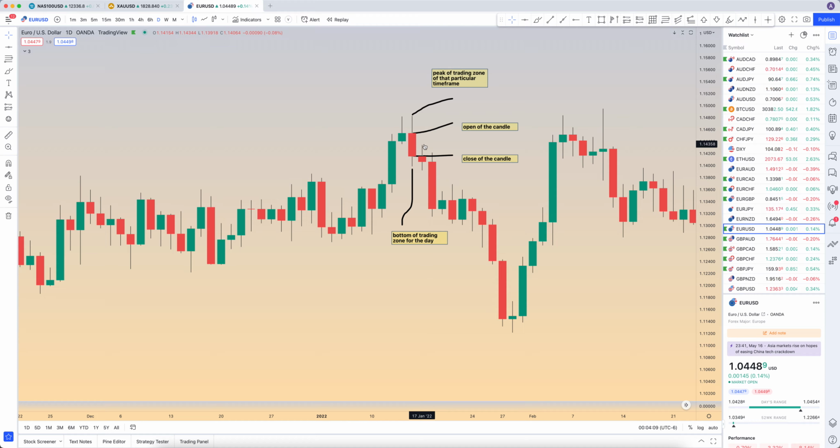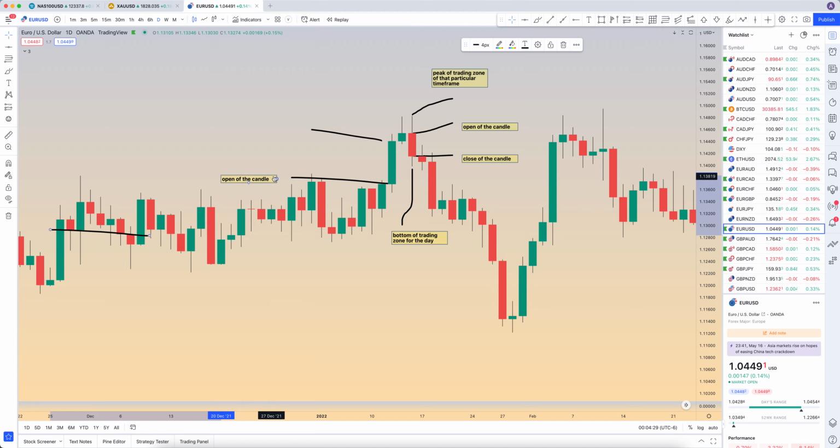Now, you've noticed that there's red and green candles. So what does the green mean? It means exactly this. Let me show you. We'll grab this green. The wicks have the exact same meaning. The only difference is this. Oh, we'll delete that guy. That's it.